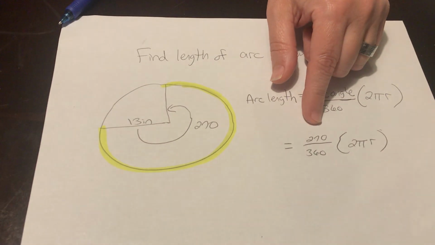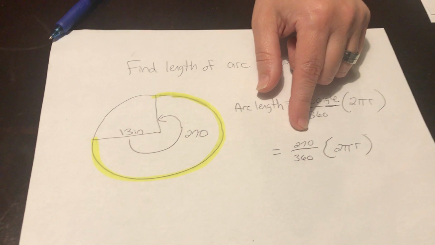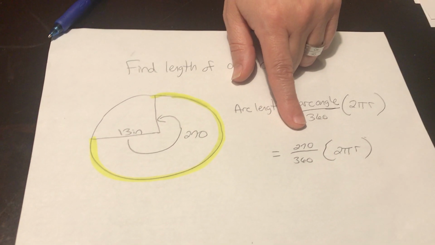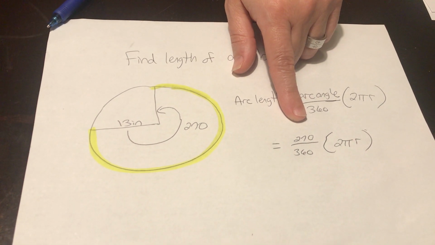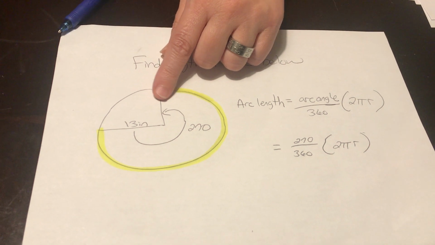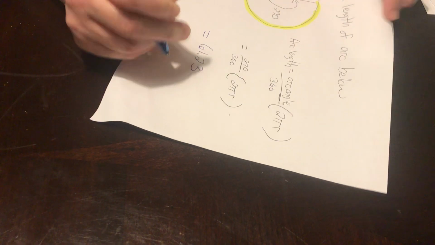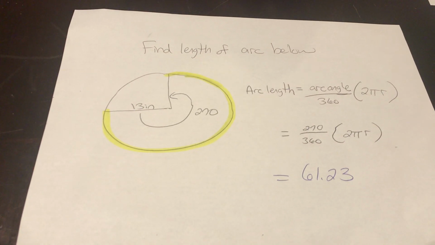So again, put it in your calculator: 270 degrees divided by 360 degrees, multiply that by 2 times pi, and then times the radius, which in this case is 13. Your answer here is 61.23.